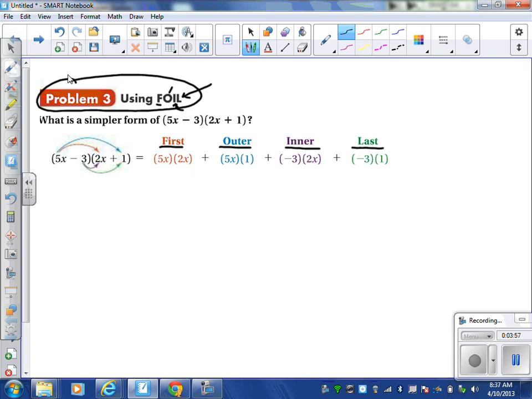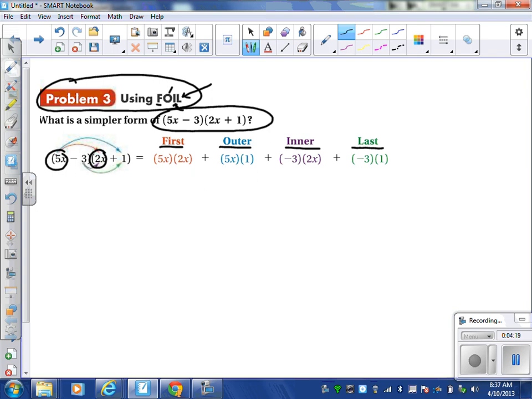So now we're going to take this problem right here, 5x minus 3 in the parentheses, and then in the other parentheses we have 2x plus 1. So what do we mean by the first, outer, inner, and last? If we look at 5x, that's the first number. And the first number in this parentheses is 2x.